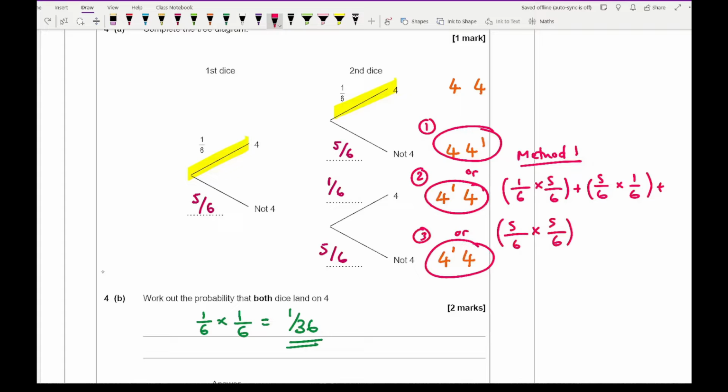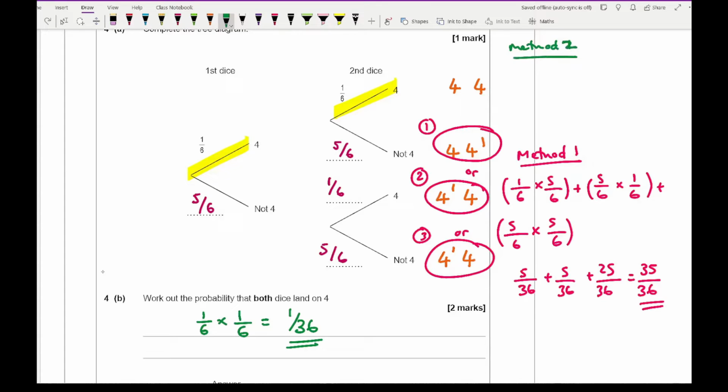So adding those, we get 5/36 plus 5/36 plus 25/36, which gives me a final probability of 35/36.